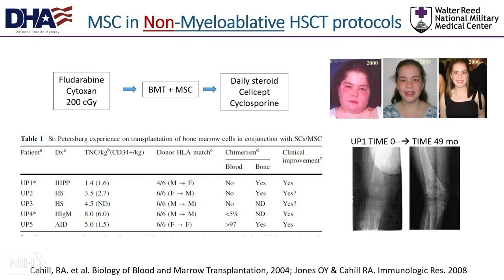And you can see that even some of the patients, the initial 4, didn't have much of blood chimerism or engraftment of the hematopoietic stem cells. They did have clinical improvement, such as seen here with the improved bone density and structure in the Hunter syndrome.